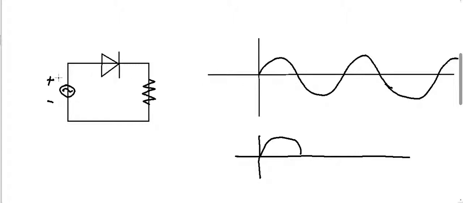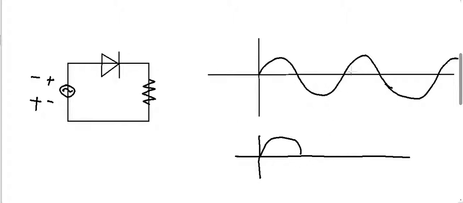This side becomes negative after half a cycle, and then the negative terminal is connected to the P side of the diode, so it will be reverse biased and will not allow the current to pass, or will allow only a negligible amount of current.